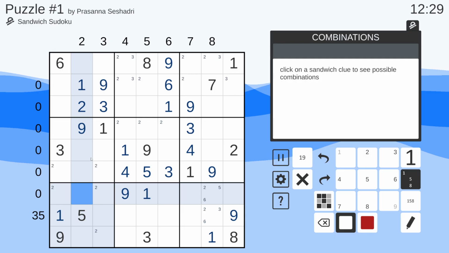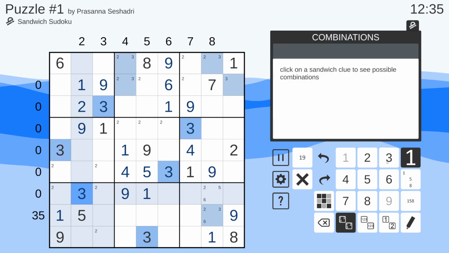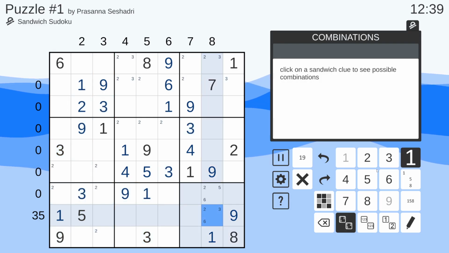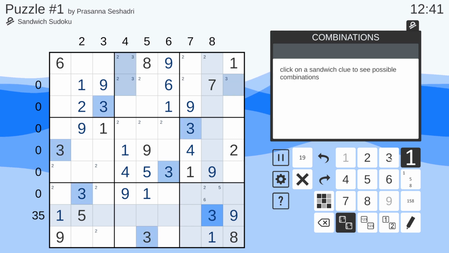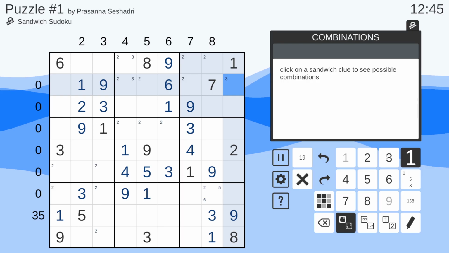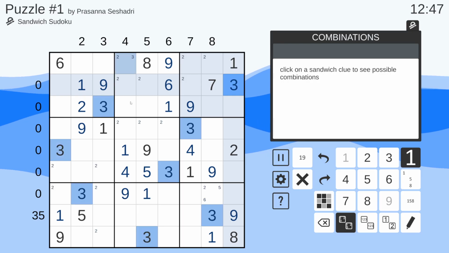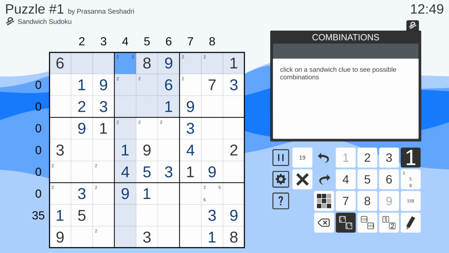This has to be 3. Because it has to be in this column and it can't be on that row. So this is 3. That gives me this 3. Which puts my last 3 there. Or not my last 3, this is my last 3.